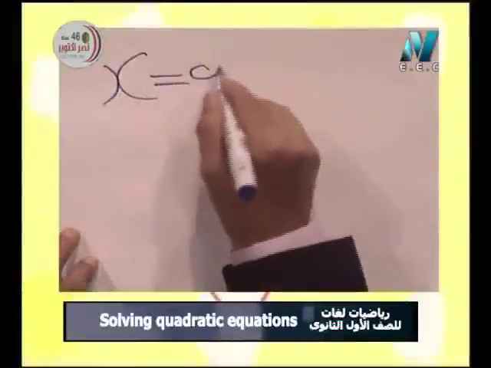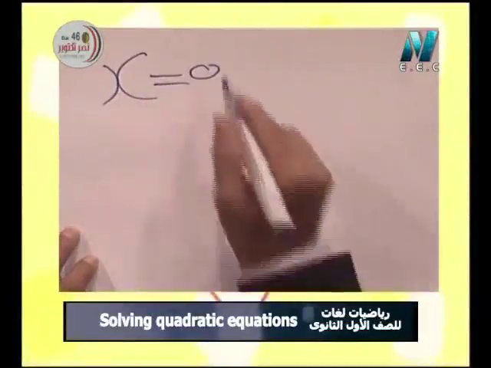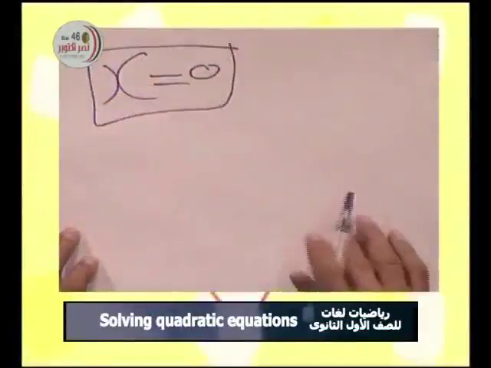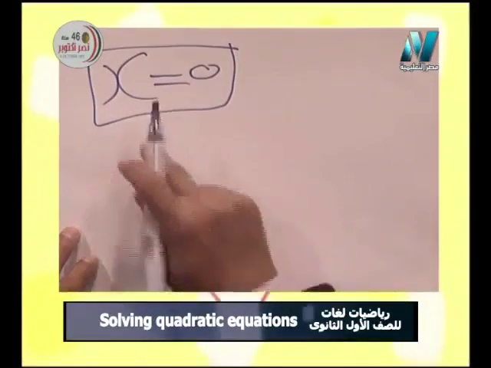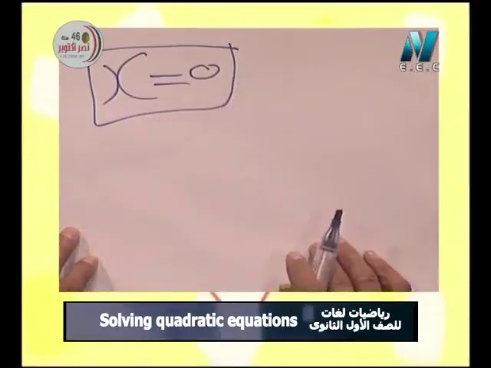Now we are going to study the meaning of an equation. We will start with a simple equation, x equals 0. It's a very simple equation, but it has a very big meaning. Now, x equals 0 means what?